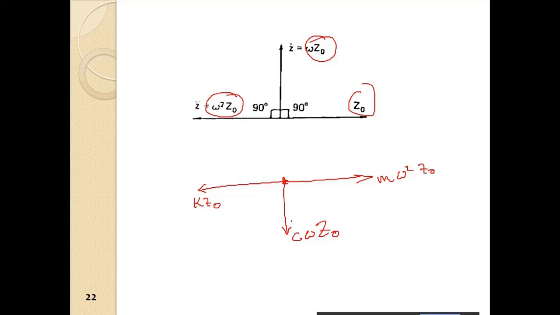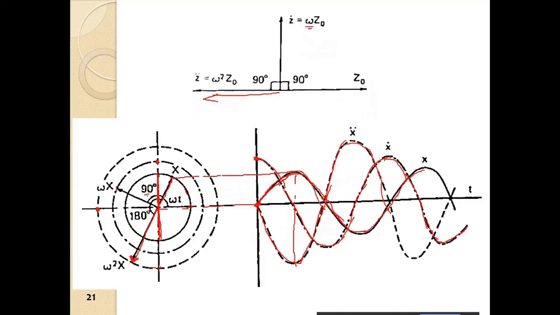Okay, and the values will change as this rotates, so this will also rotate. And similarly here also the forces will vary with time as the acceleration and the displacement vary.